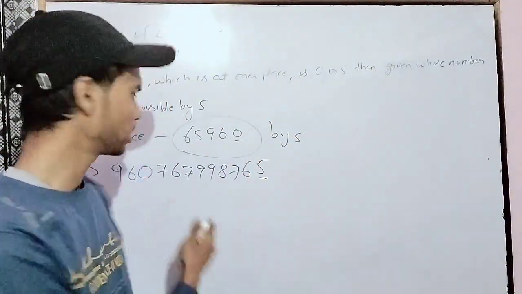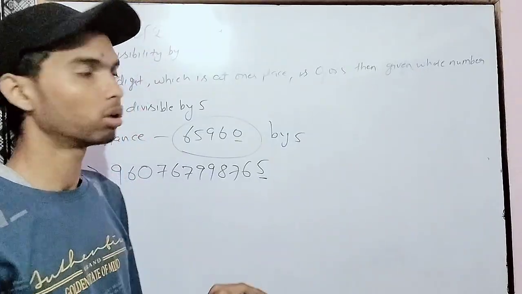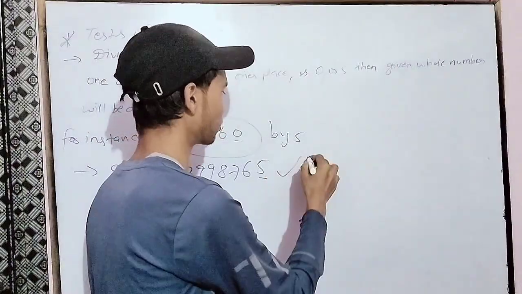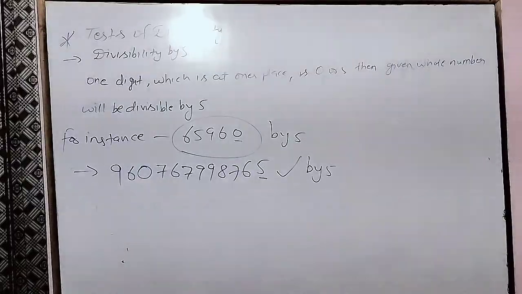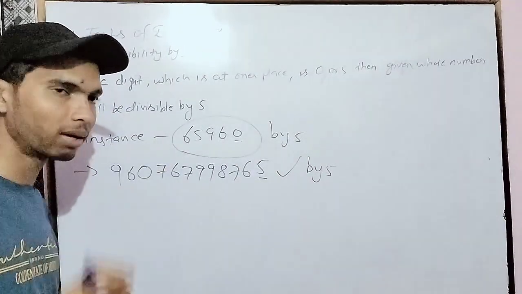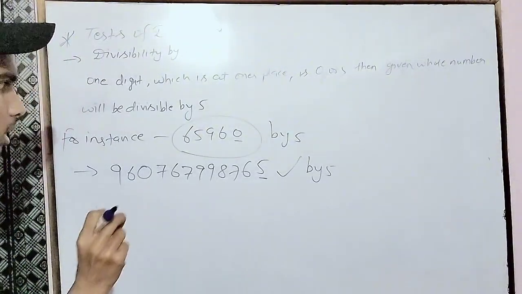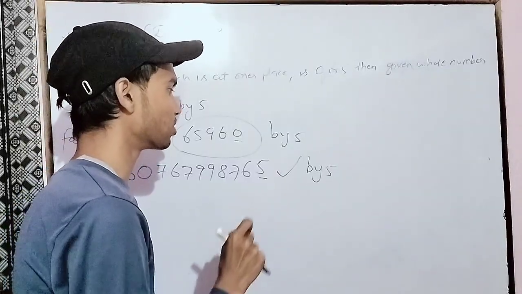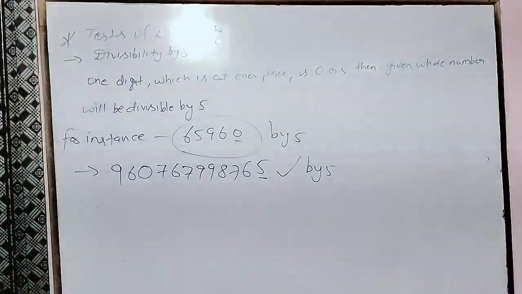If here is a 5, then again it is divisible by 5. This is the rule of divisibility by 5. Whatever number you have, if the ones place is 0 or 5, then the number is divisible by 5. Clear?